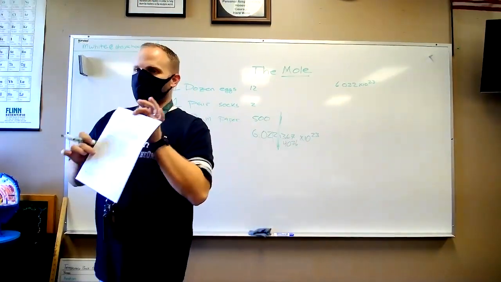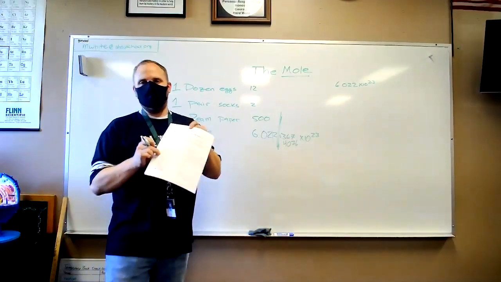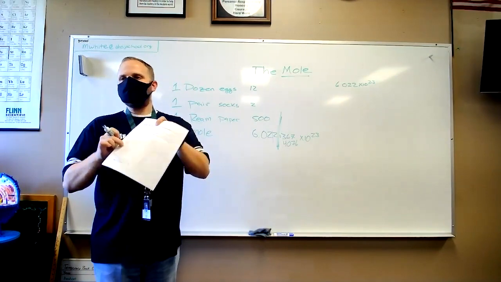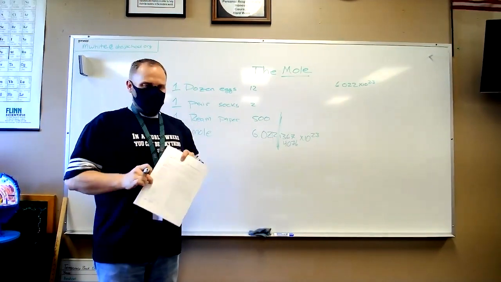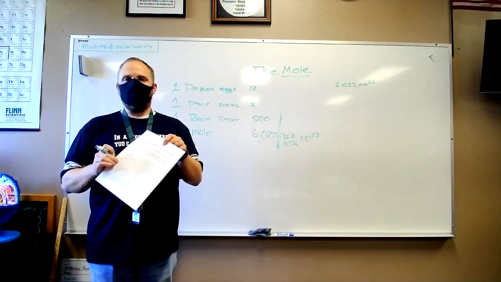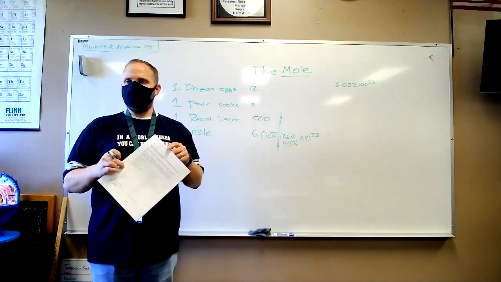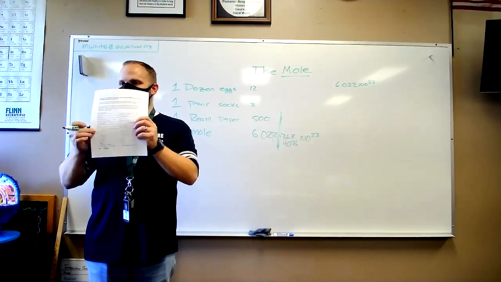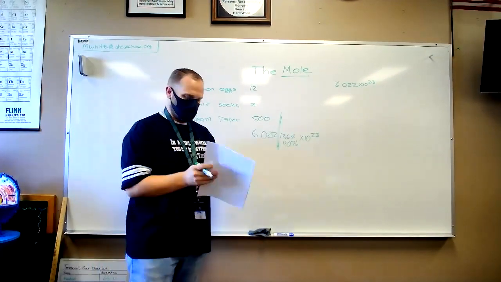Now, by the time you finish this class, I imagine you will have that number memorized. Okay? You will use it so often that you just memorize it. But if you want to double check, or if your mind just goes completely blank during a test, it's right there.